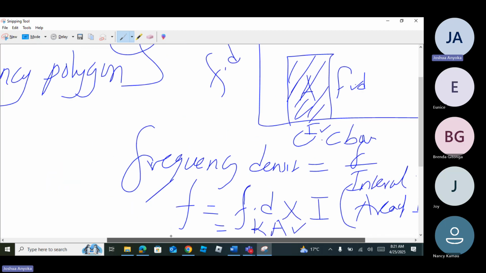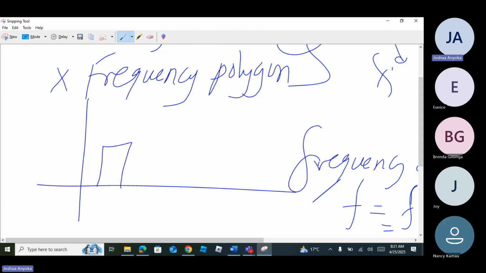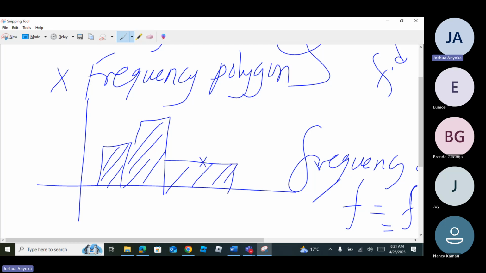Okay. Now, the frequency polygon is drawn after you have drawn the histogram. The frequency polygon will be the straight lines joining the midpoints of the bars, that is if you have drawn the histogram.